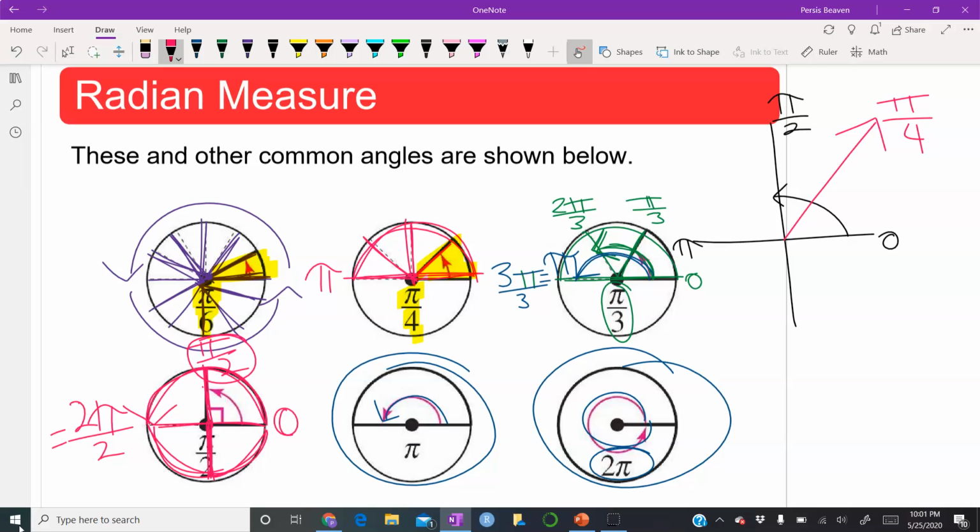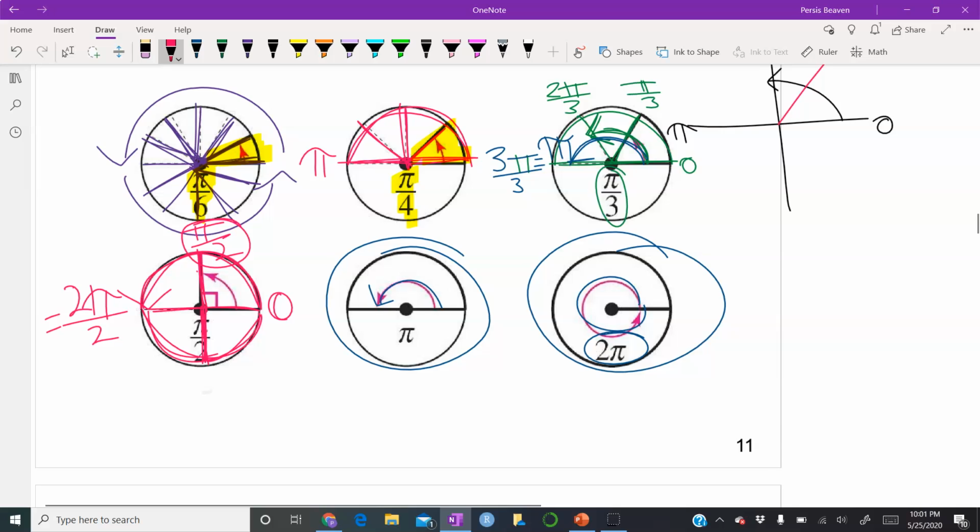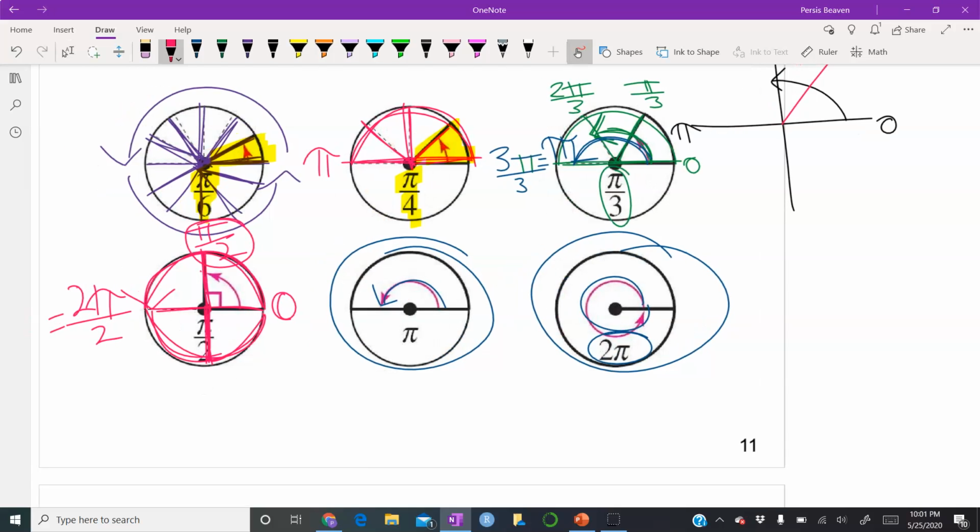And the next one will actually be 3 pi over 2. And if we continue in the same direction, the very last one will be 4 pi over 2, which we simplify as 2 pi.